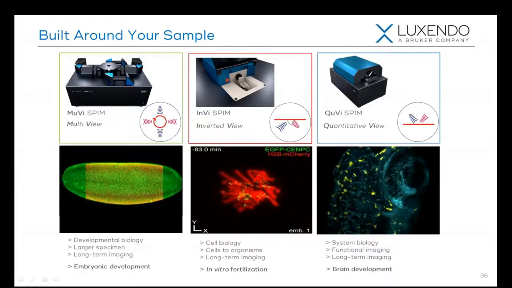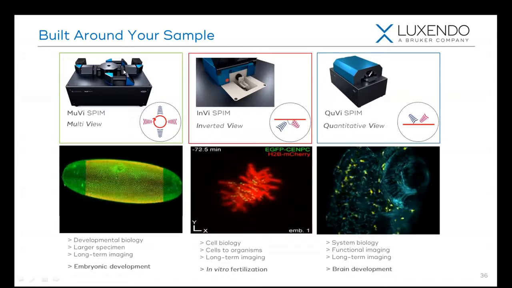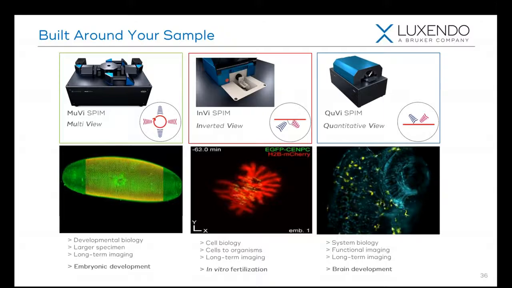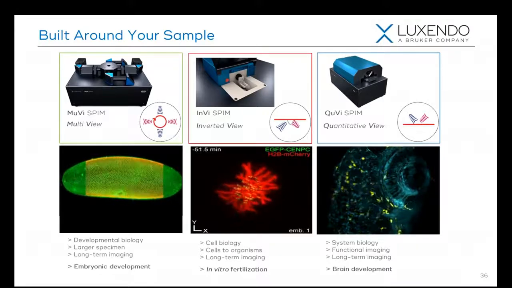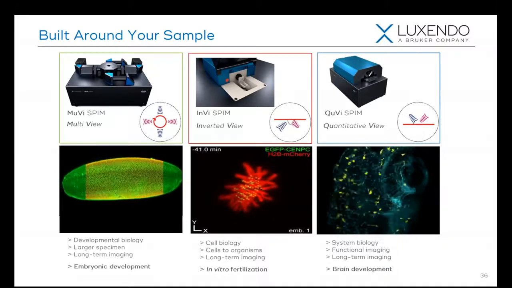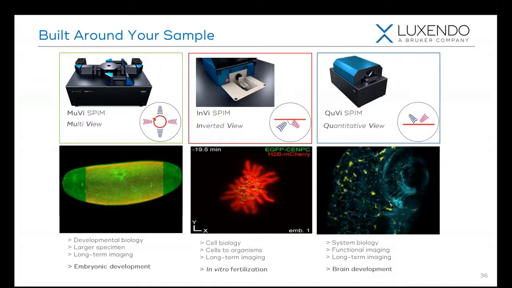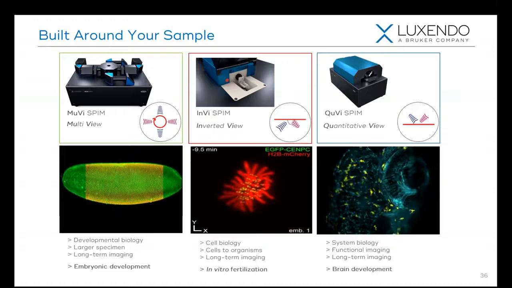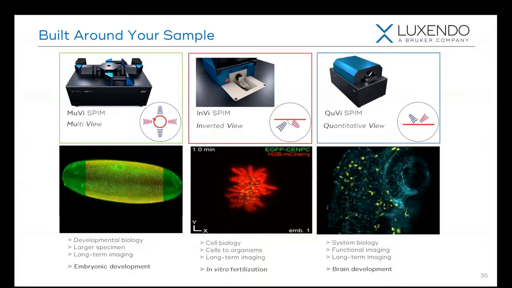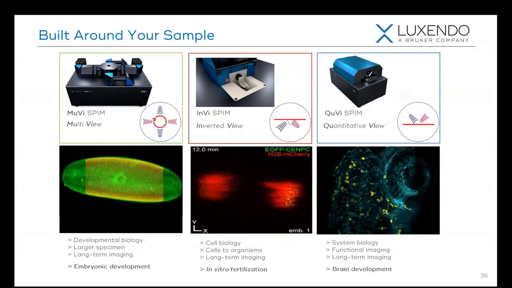On the movie SPIM, we're actually going to mount samples, for live cells, either embedded in agarose in a capillary or in an FEP tube, and place them between the 4 objectives. Or for cleared tissue, we have different mounting schemes in a different chamber.